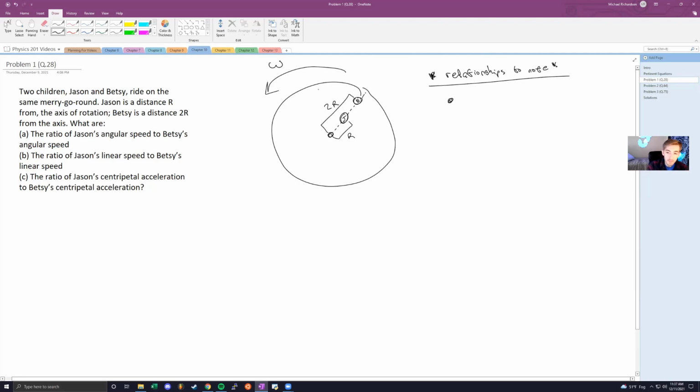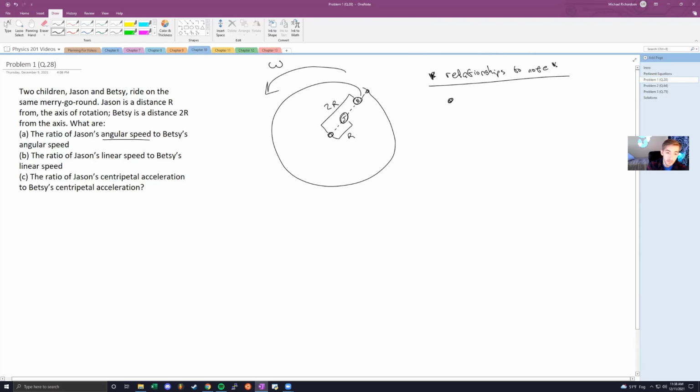Their angular velocities are something that we more or less need to find, but we're not given any explicit numbers in this. So if the merry-go-round goes one full period, we're going to find that they take the exact same amount of time to go all the way around.